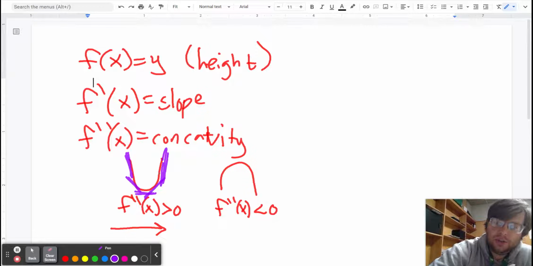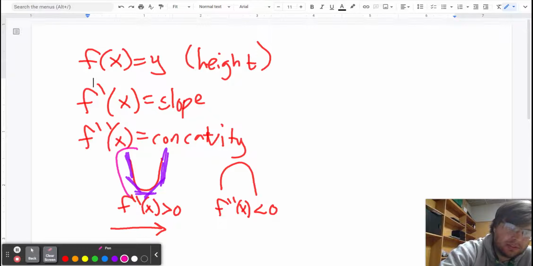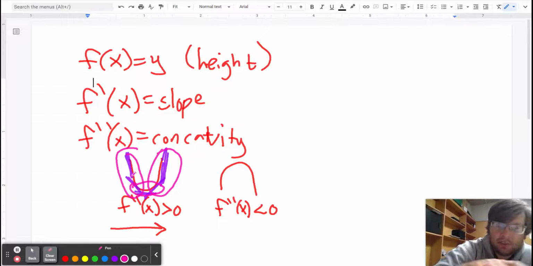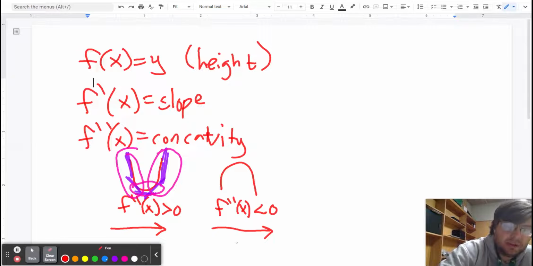Notice that you can have something be concave up and still be a decreasing function, like on the left side of the smiley face. Similarly, you can have something be concave up and be an increasing function, or concave up and be stationary, flat. Very similar interpretation as you move from left to right along a concave down curve.